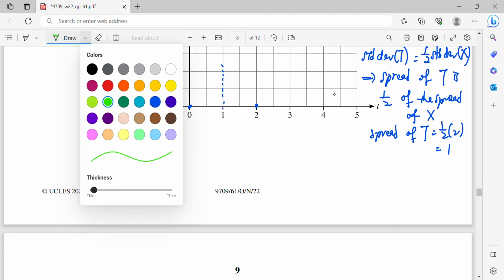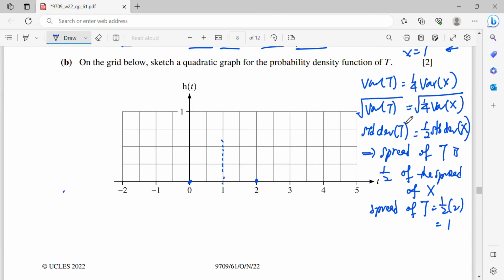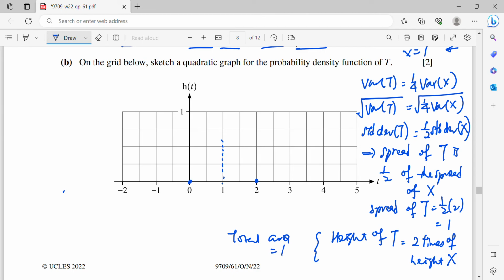So now from here, I know that my height of t is 2 times the height of x. Okay, because we need the total area to be 1. Same area, so the total area is 1. Alright, because we know that the total probability is 1.